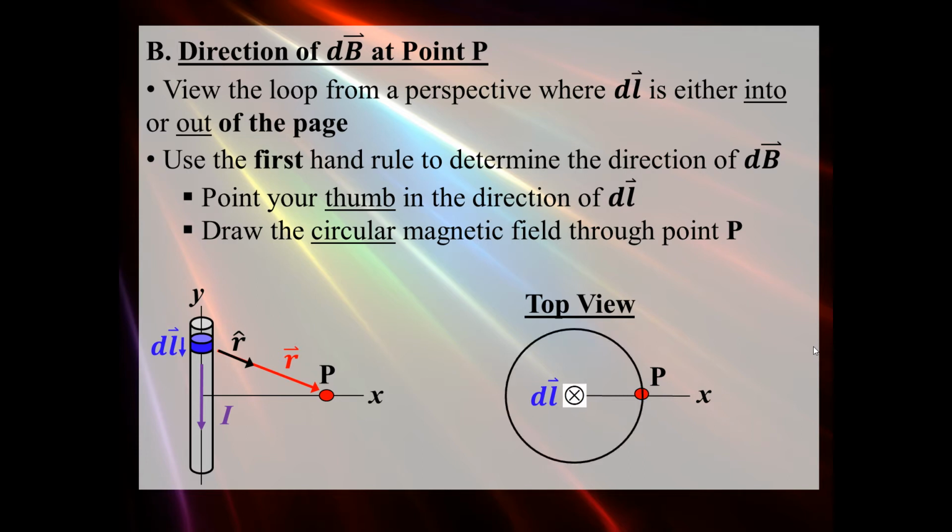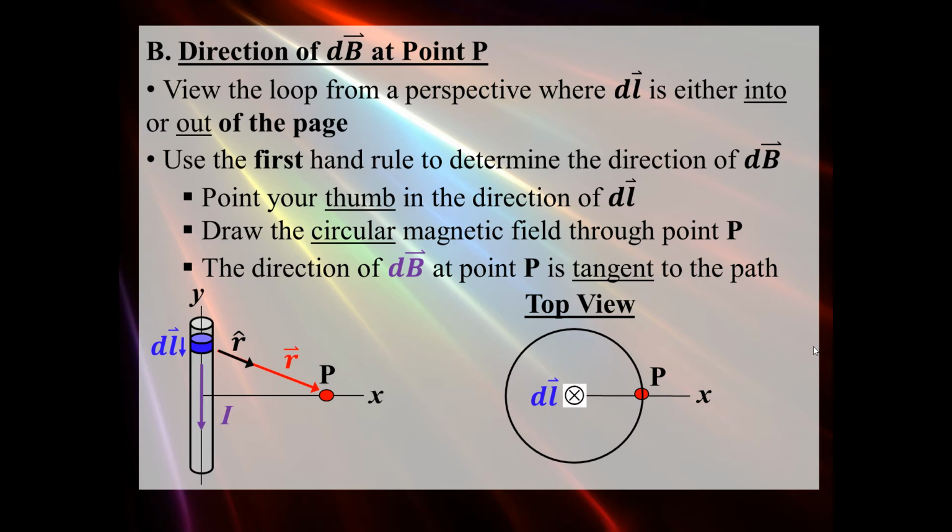If I draw a circle that passes through point P, because that's the easiest way to figure out the magnetic field, then the direction of the magnetic field at point P would just be tangent to the path of the circle. Again, if you point your thumb into the page and your fingers curl clockwise, that must mean that through point P, the direction of the magnetic field is pointing towards the bottom of the page.